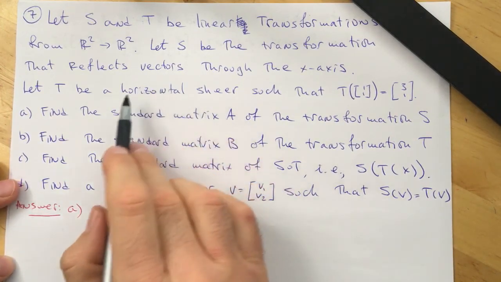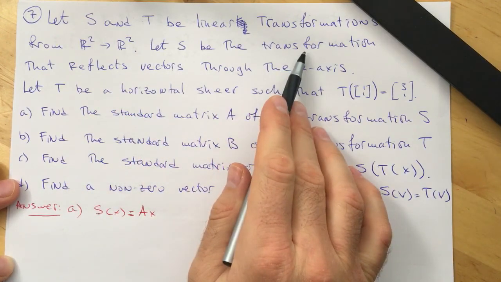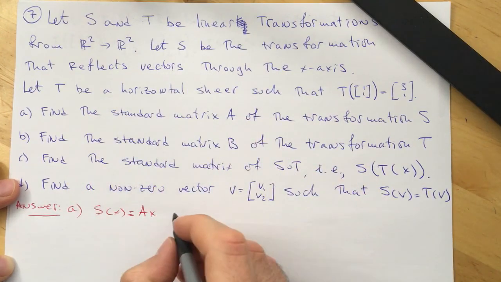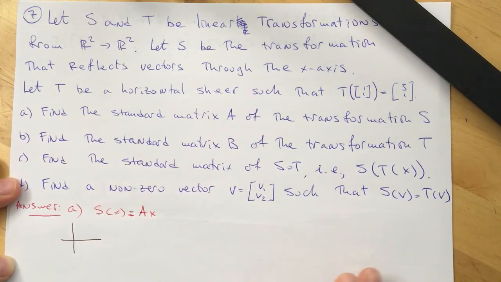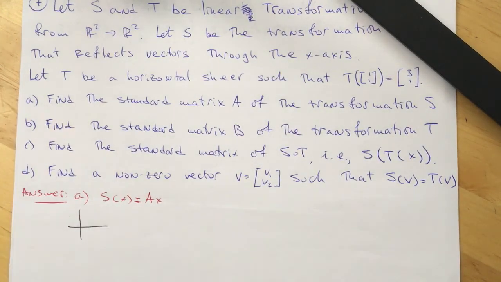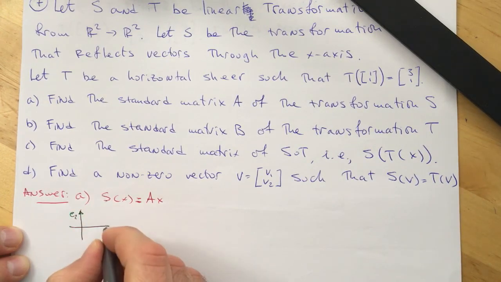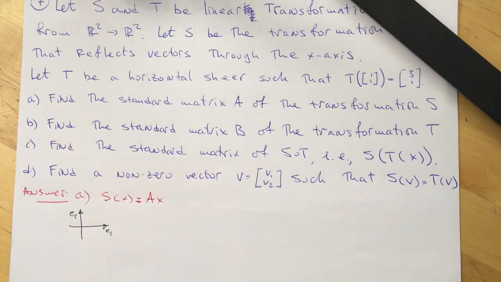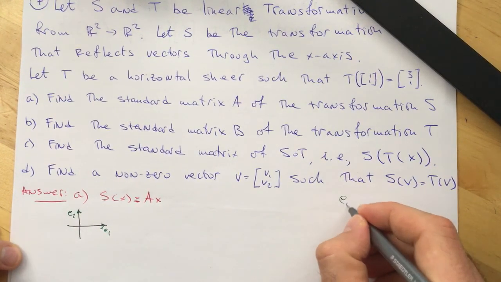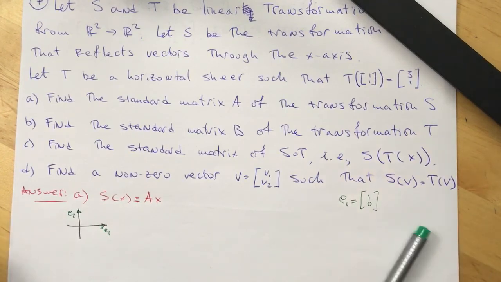Okay, so let's see. It says that S reflects vectors through the x-axis. This is E2 and this here is E1, right? I'm just going to remind you, E1 is 1, 0 and E2 is 0, 1.